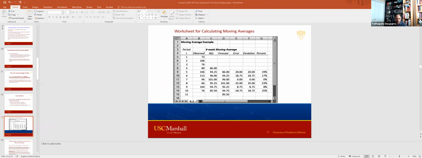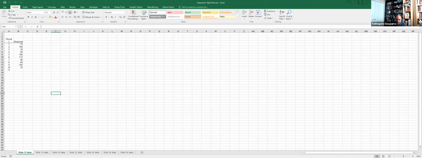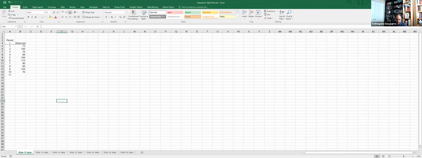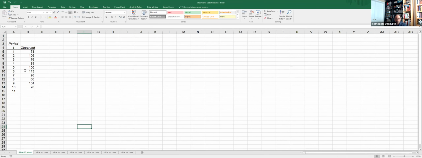And you will see the first one is slide 13 data, which is over here. So you see here that you have the period T and periods 1 to 11. 11 is the period that we wish to forecast in the future.